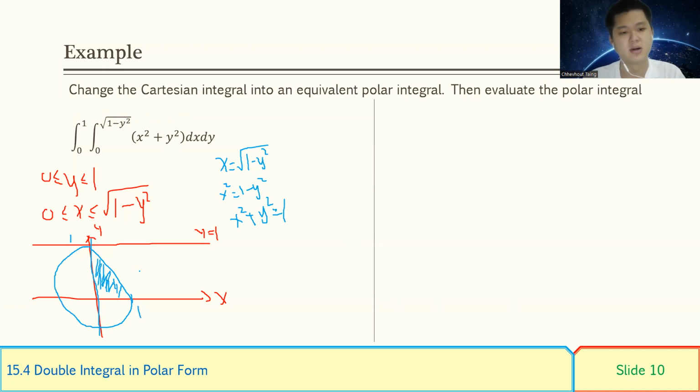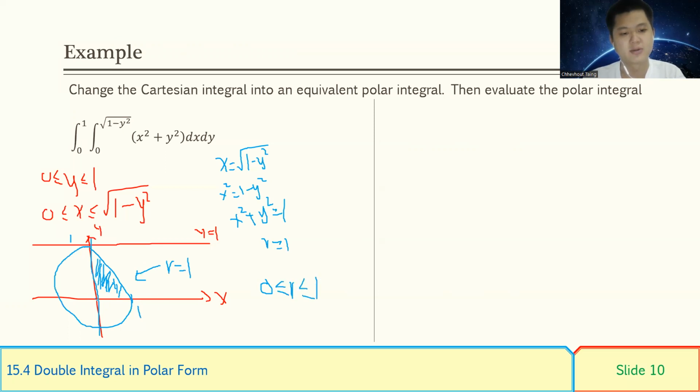After we sketch, we still have to convert this, right? So x squared plus y squared equals 1 converts into polar as r squared equals 1, so r equals 1. So this circle is r equals 1. So our region in terms of polar, if you were to draw a line from the origin through the region, your r will be from 0 to 1.